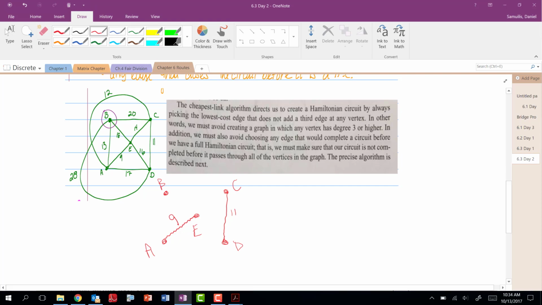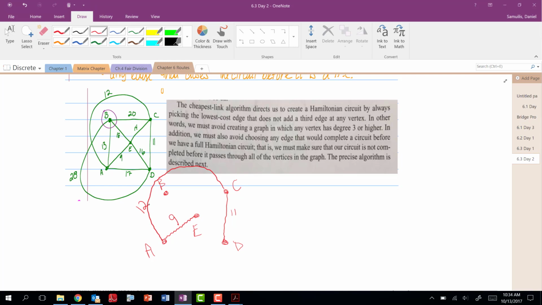It's 12, and that's this crazy loop from here to here. Is this acceptable to draw? Meaning, does this make any vertex have degree 3? No. Does it close a circuit too early? No. So that's an acceptable edge. All right, so now we're all good. We picked the first 3 smallest sides, and they were all acceptable, which is great.